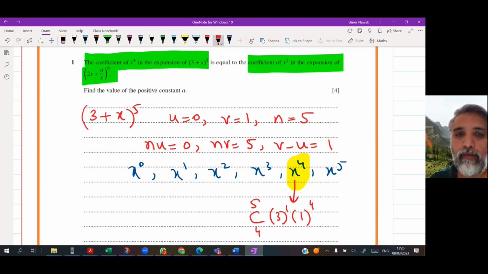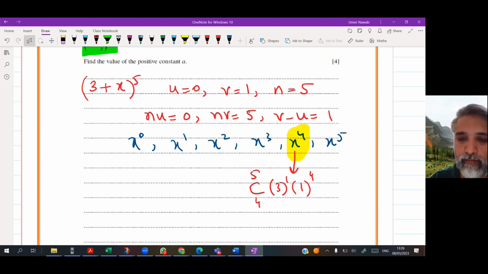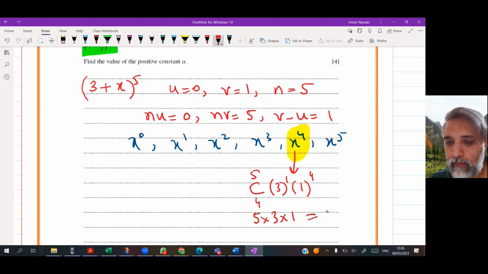I need to simplify it. 5C4 is 5, so the coefficient of x to the power 4 is 15.